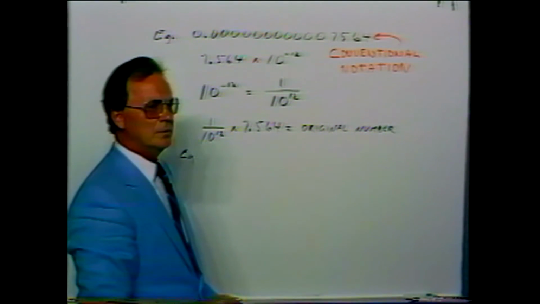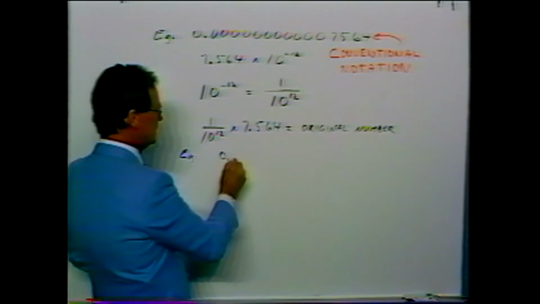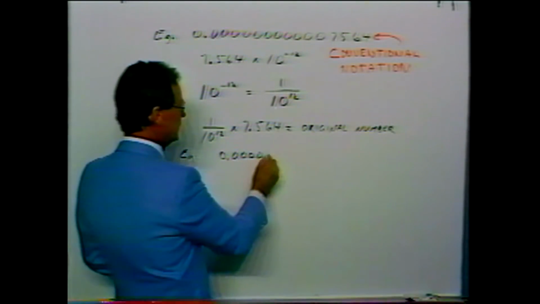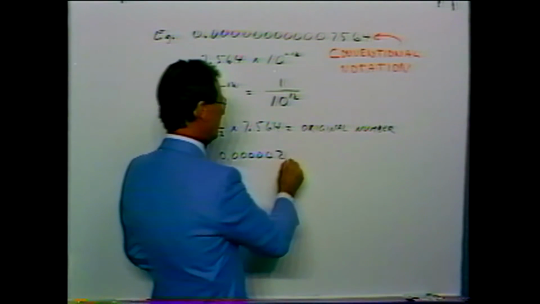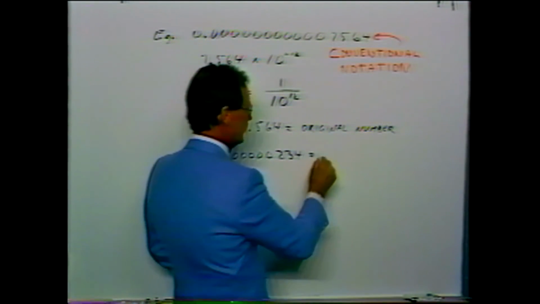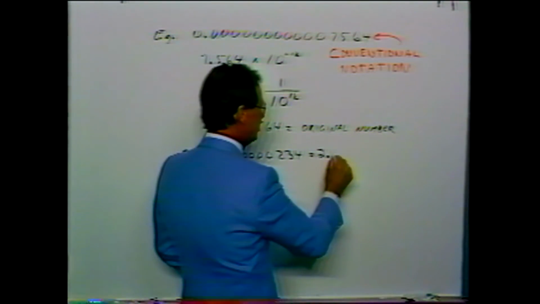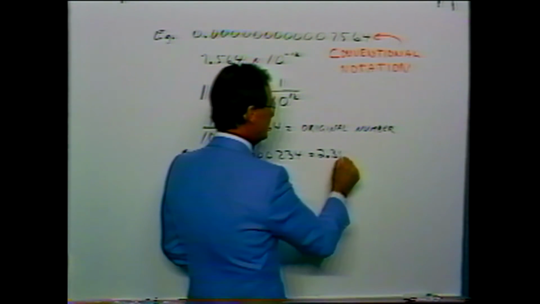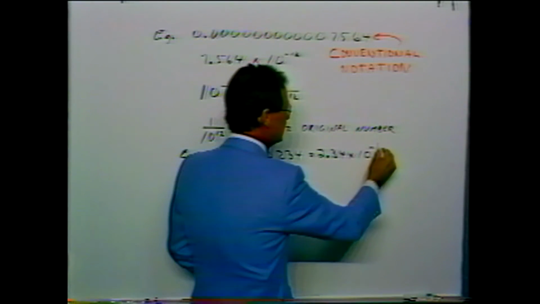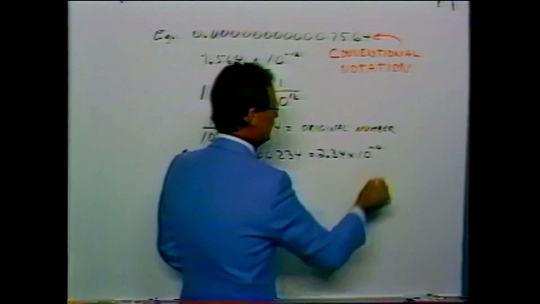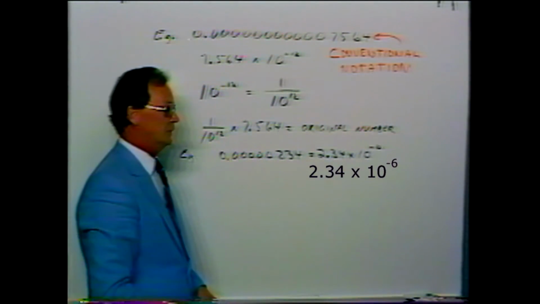Let's take the number 0.00000, 5 of them, followed by 2, 3, 4. So we write the scientific factor as 2.34, followed by a scientific power. Consequently, minus 6 is the correct exponent for this scientific power.